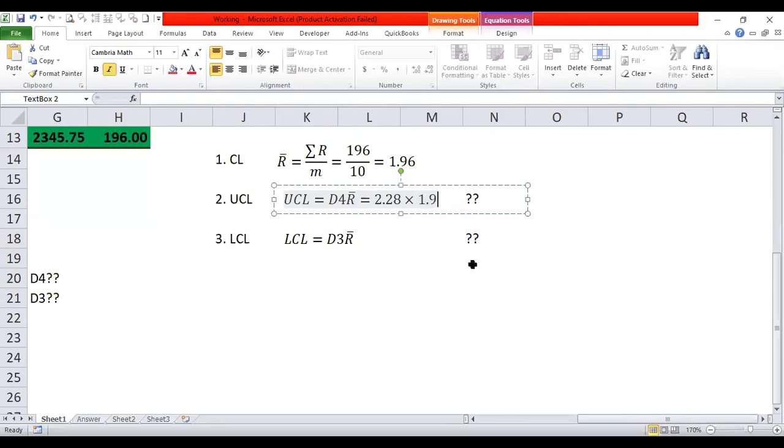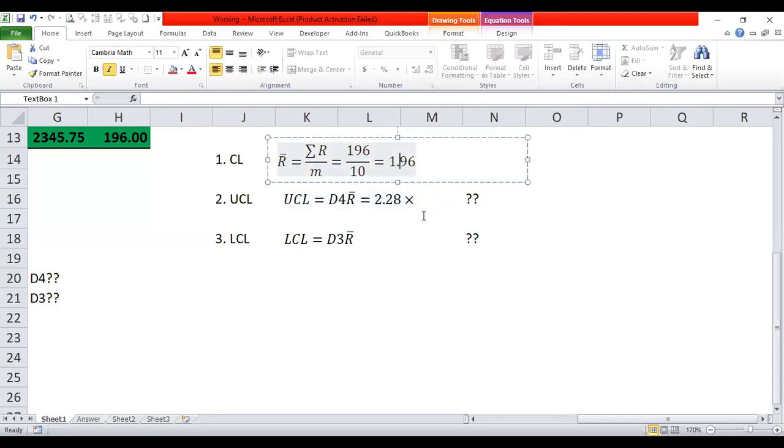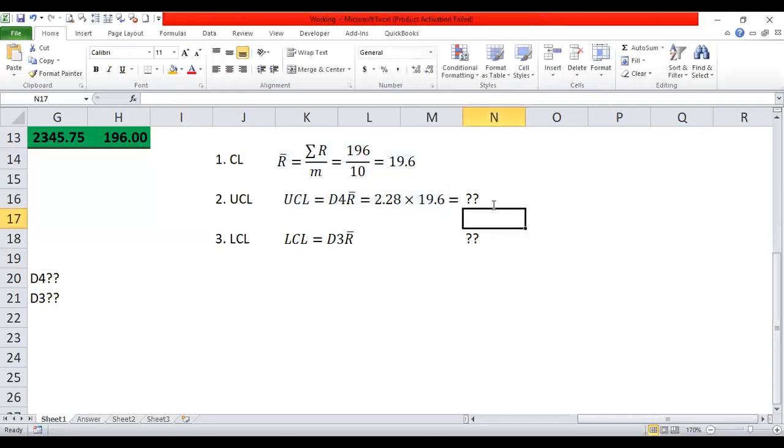Sorry, this is 19.6, right? 19.6. Therefore, the answer will be 2.28 into 19.6, 44.68. Yes, very nice. So better we can have this in 2 decimals, therefore 44.69.